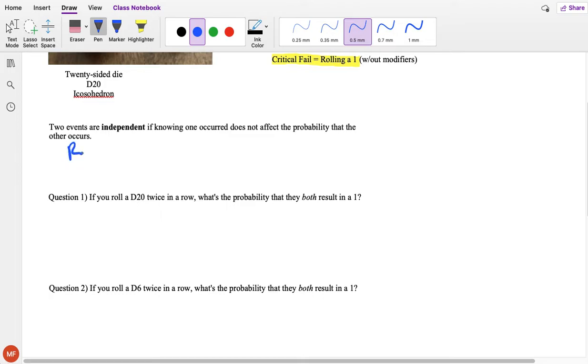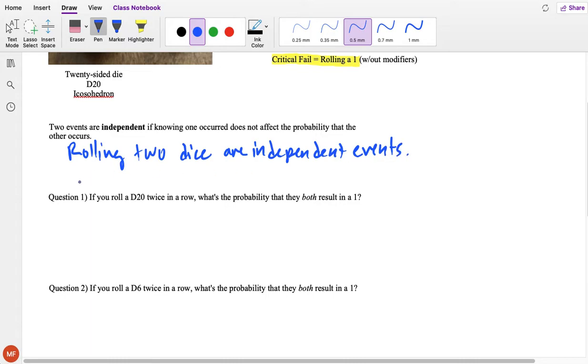So rolling 2 dice, those are independent events. Similarly, rolling 1 die twice in a row is also a collection of 2 independent events.